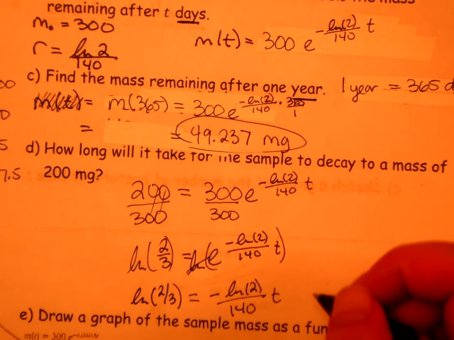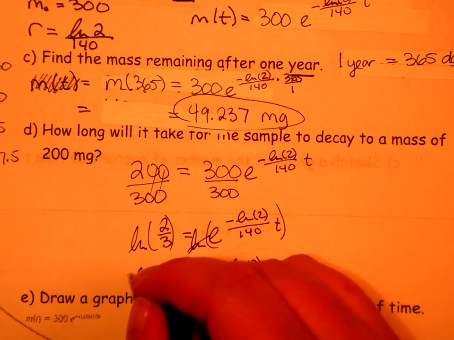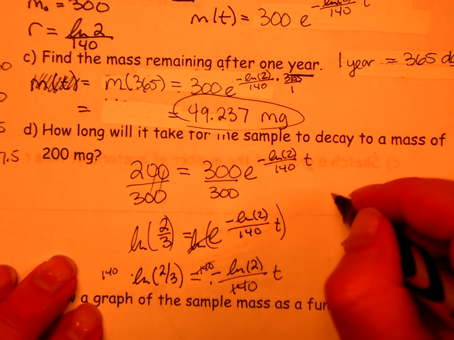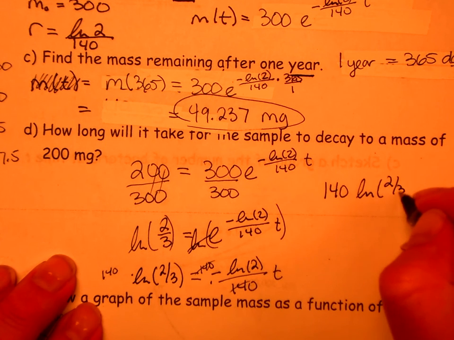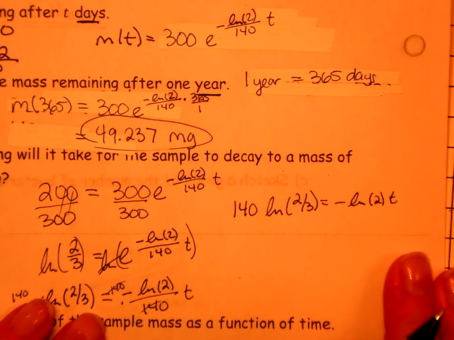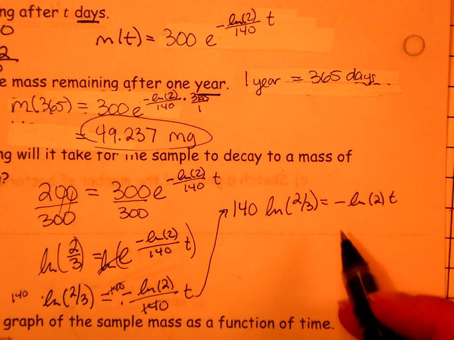I'll do this in a couple steps. I'm going to multiply by 140 to get rid of that fraction, so the 140 will cancel on the right. So I have 140 ln of 2/3 equals negative ln of 2t. This is a mess.